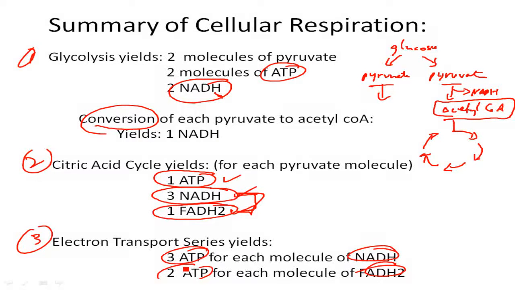So you start with 1 molecule of glucose, and at the end, you should have 38 molecules of ATP. Now, I don't want you to learn how to count all those up. That's not my goal here. The goal here is to see that you're taking glucose, which is a nutrient that you take into your body, and you're turning it into cellular energy that the cell can use in the form of ATP.